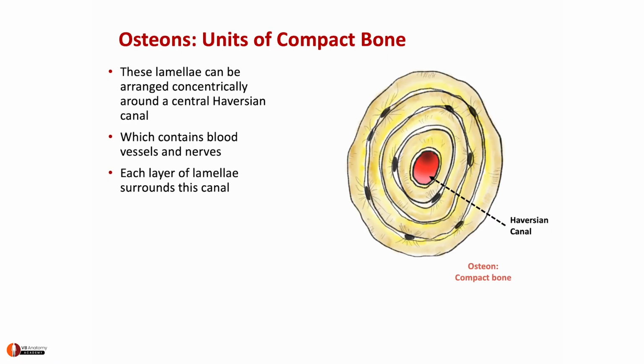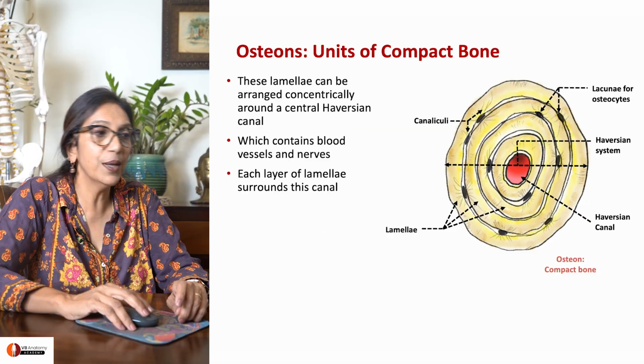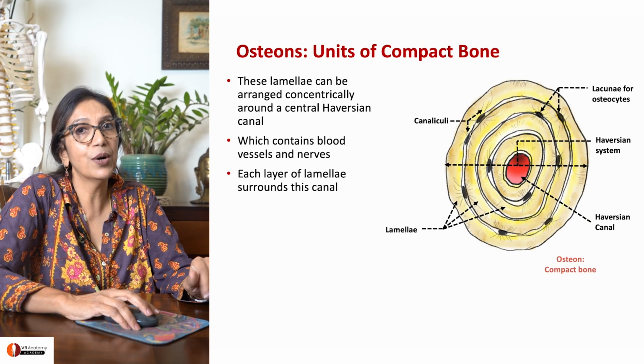Surrounding it are concentrically arranged lamellae with gaps in them called lacunae, which contain osteocytes, which have fallen off in the process of grinding, but ideally in a living person they contain osteocytes, communicating with each other through canaliculi. Such a structure is called a Haversian system or an osteon. Very important, comes as a short note. Okay, so Haversian system or an osteon.